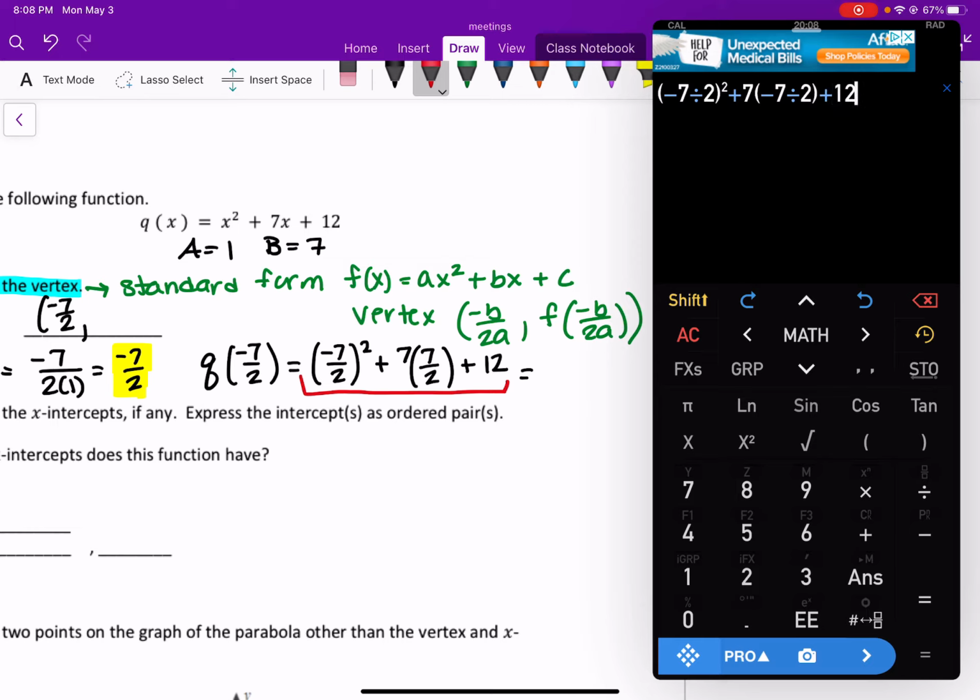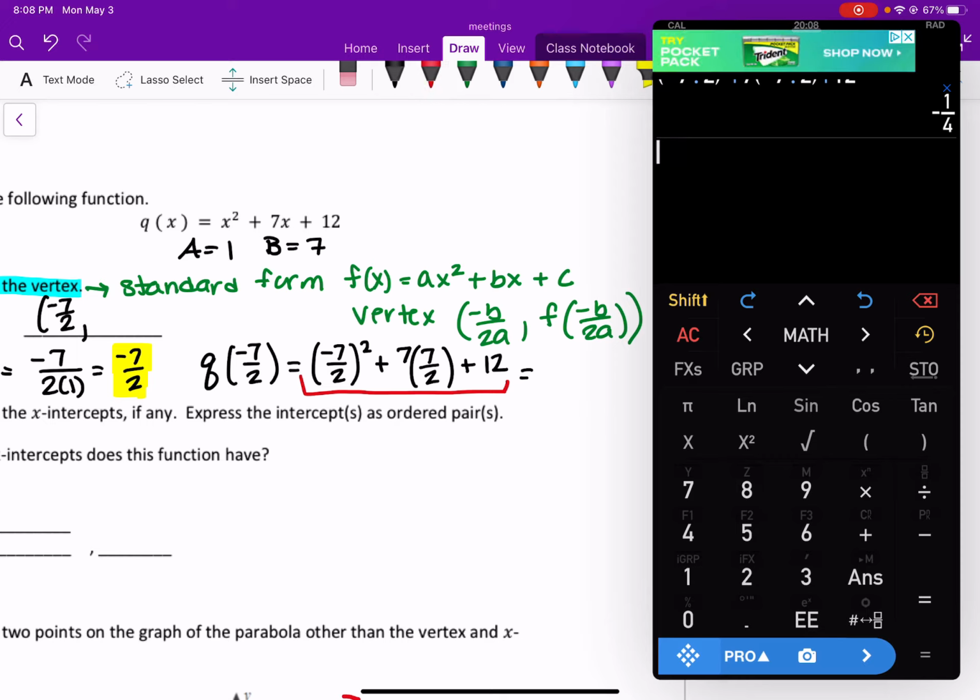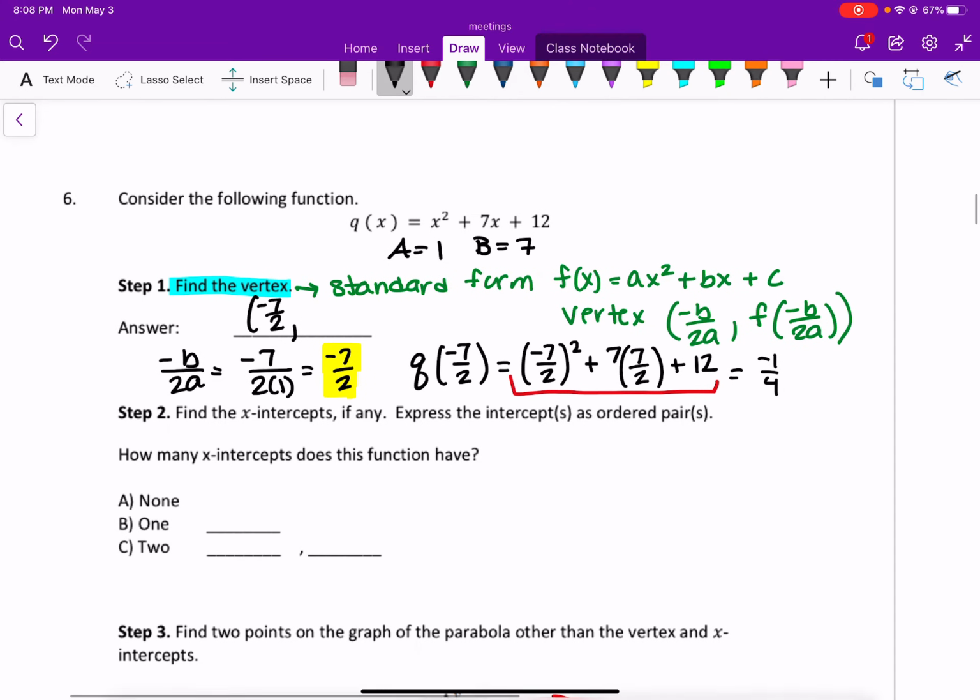When I press enter, it is going to give me the answer in decimals, but I do want that in a fraction. On mine, under the word answer, you see a little button to convert to a fraction, and if I press that, it immediately flips it to a fraction. If I press it again, it takes it to a weird thing, and then there's my decimal again. So I want my answer as a fraction, so I'm going to put negative 1 over 4. And that's going to be my y value of my vertex, negative 1/4.